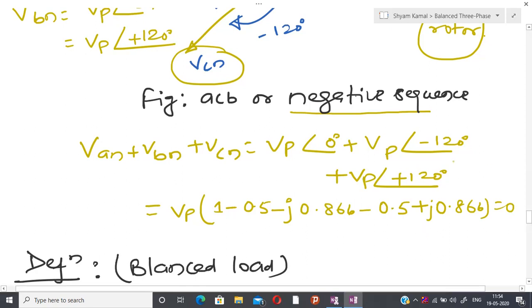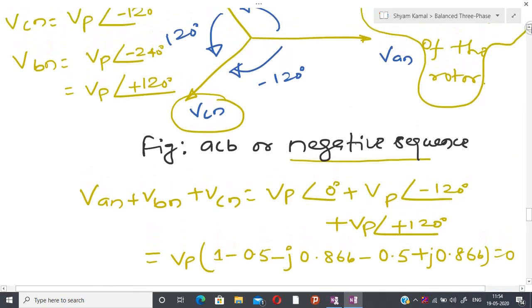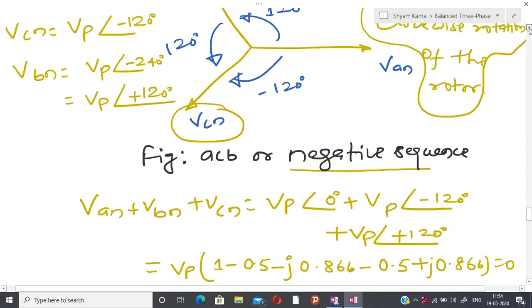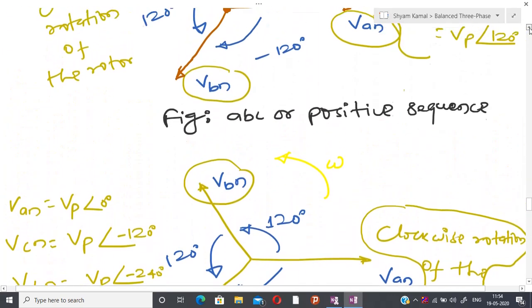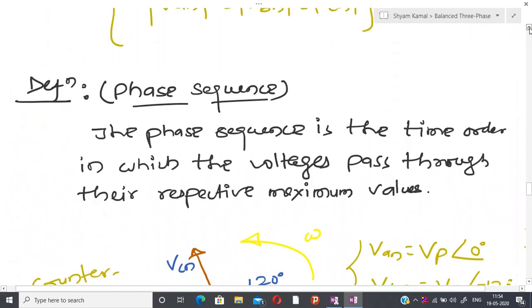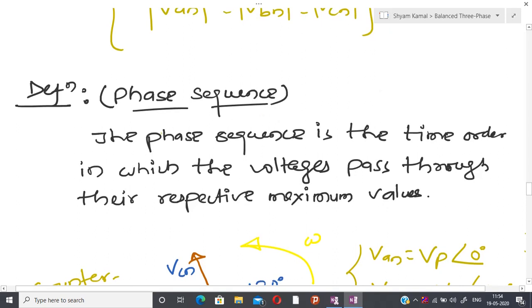And once we understand the two sequences, now let us come to the formal definition. Here I have written it.